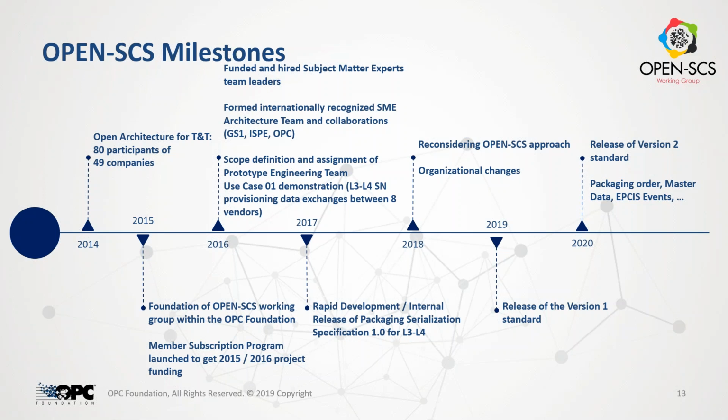And you can see we started all of the work. We did a first pass at the standards in 2016 and 2017. And then we did a development of it and recognized the fact that it wasn't really working correctly. We had to reorganize and consider a different approach to the OPEN-SCS problem and issue, which is, again, what we have done.